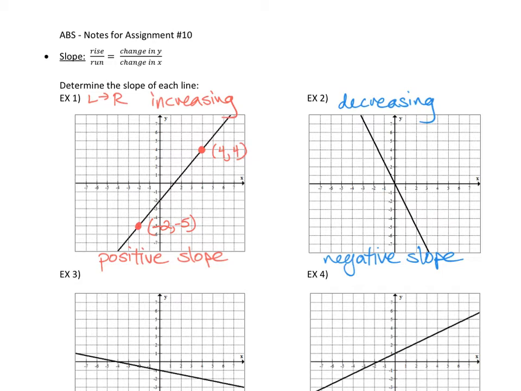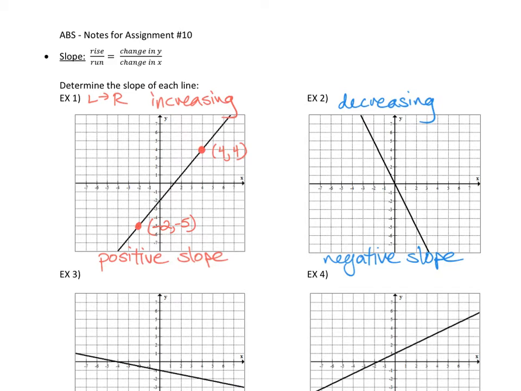Why is that important? Well, back to what slope is. Slope is the measure of how far you rise and how far you run. Meaning, how far do we have to change our y values and how far do we have to change our x values to get from one point to another.